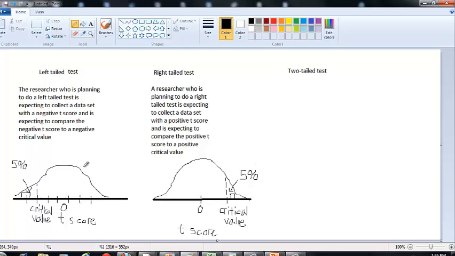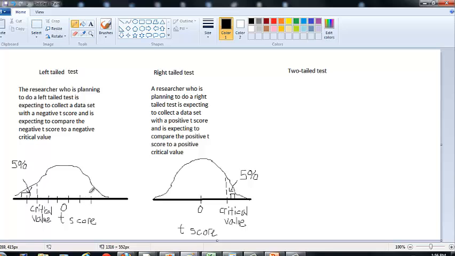Now someone might ask, what if a person is doing a left-tailed test and they're expecting to get a t-score at the negative end, and they're expecting to compare that t-score to this negative critical value, and the researcher actually ends up getting a positive t-score that they didn't expect?